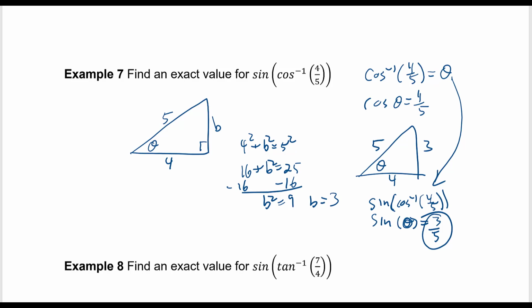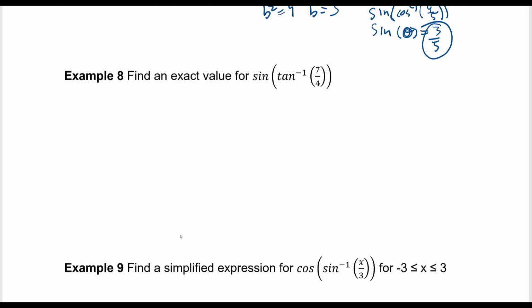Let's try this next one. This video is getting kind of long. So it's along the same lines. Sine of tangent inverse of 7/4. So again, I would say tangent inverse of 7 over 4 is theta. That means the tangent of theta is 7 over 4.